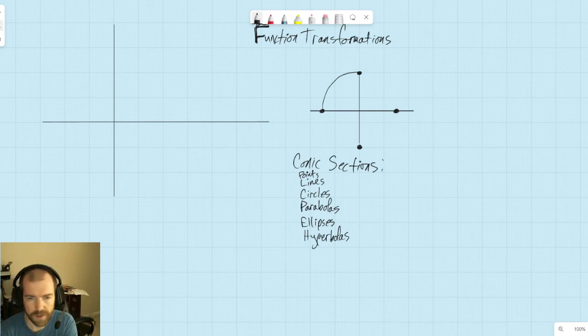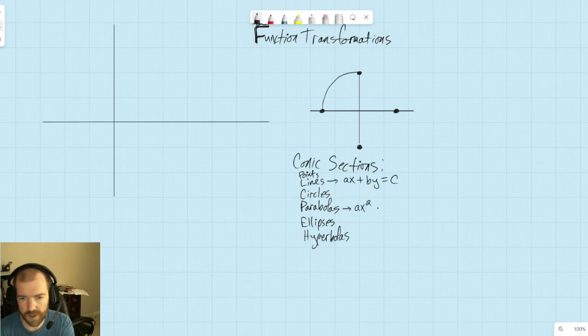But lines, you get your typical, no, hang on, we'll get there. So lines look like ax plus by is equal to c. Parabola, you're probably used to seeing at least somewhat. The most basic parabola looks like ax squared plus by equals c.